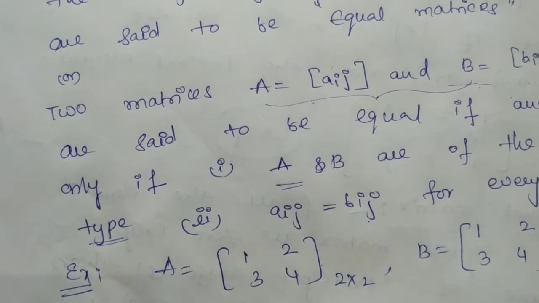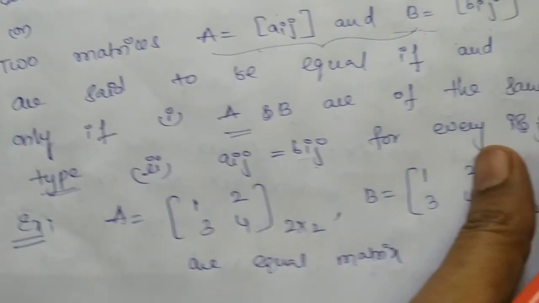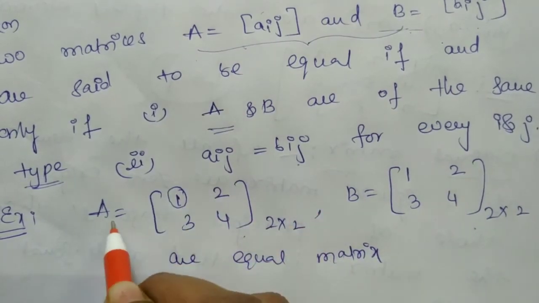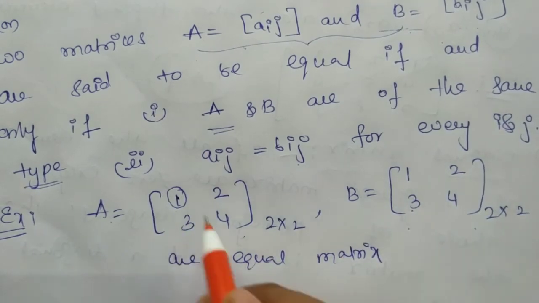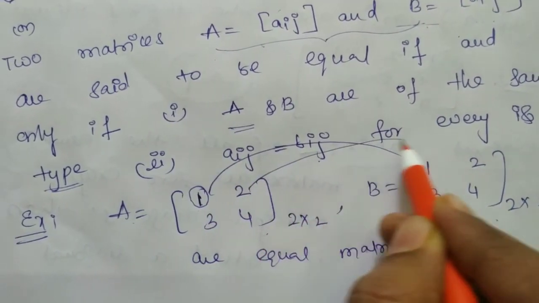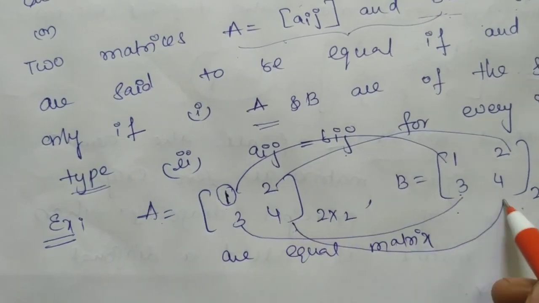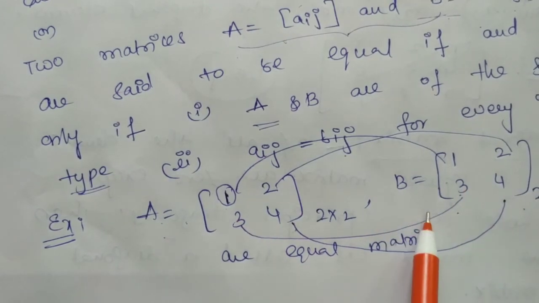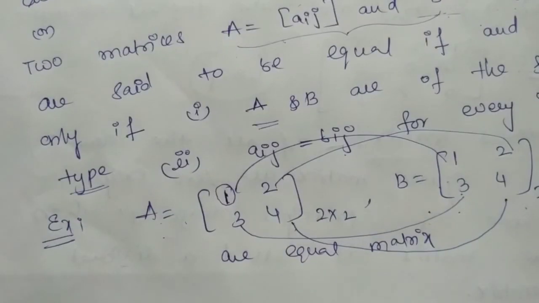So these two are equal matrices because, first, they have the same order, that is 2 by 2, and second, the corresponding elements of A are the same as the corresponding elements of B. The corresponding element of 1 is 1, of 2 is 2, of 3 is 3, and of 4 is 4, same. So these two matrices A and B are called equality of matrices. Hope you all understood this topic.